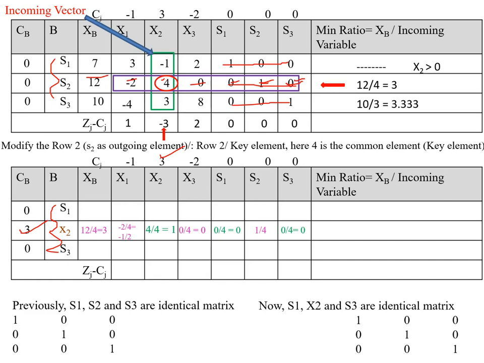So first we have to fill these values in the new table, that is S1 versus S1 it should be 1, remaining S1 X2 0 and S1 S3 0. Similarly, X2 and X2 we already got 1, remaining X2 and S1 0, X2 and S3 also 0. Similarly, S3 S3 1, remaining S3 and S1 0, S3 X2 is 0.